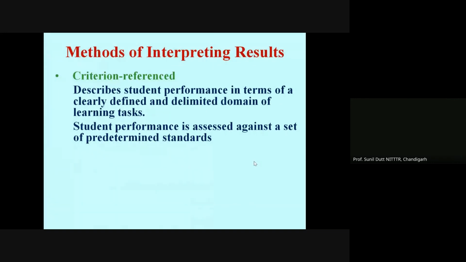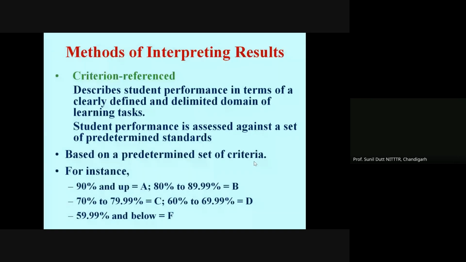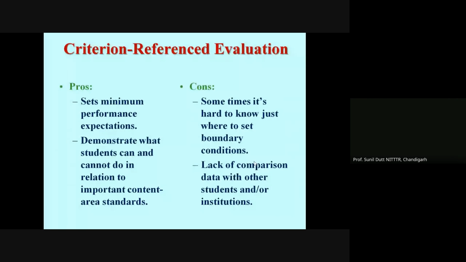You are simply comparing the performance of one student against the stated learning outcome, and you also fix a criterion, whether he is to answer 100% correctly or 90% correctly. So you have to fix the criteria. Based on a predetermined set of criteria, for example, you can give 90% and up an A grade, 80% to 89.99 B, C, D, and below 59.99 it is F. Now there are two views about criterion reference testing.